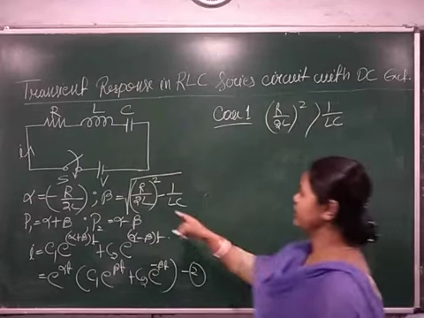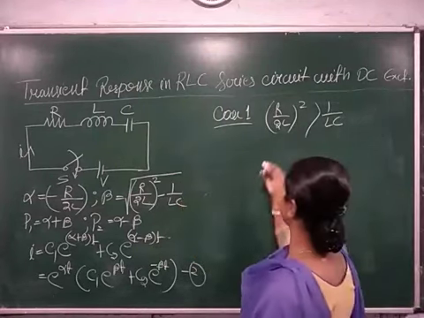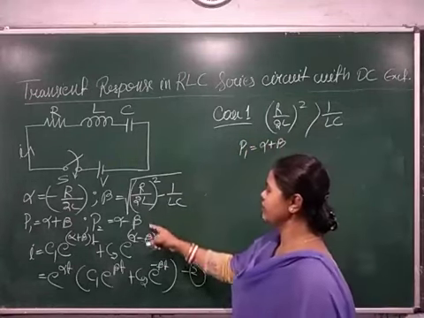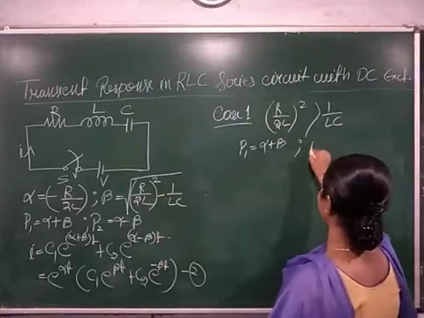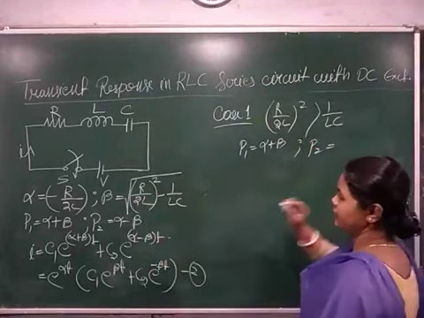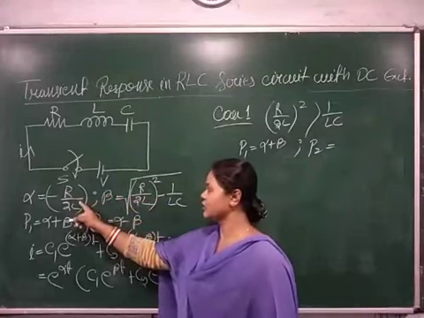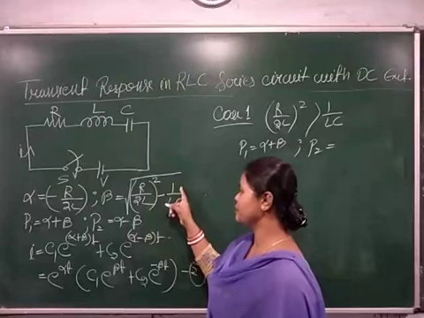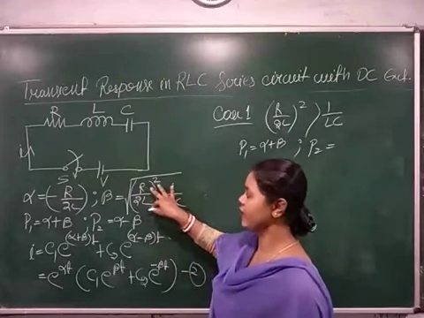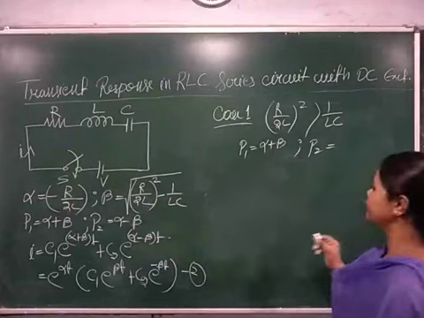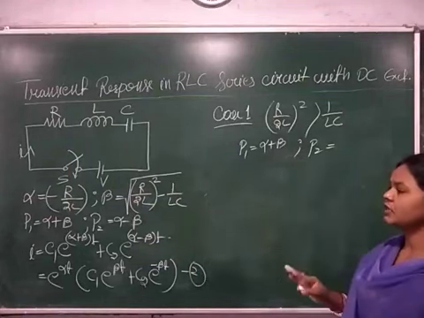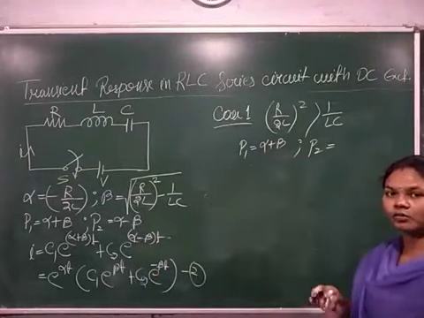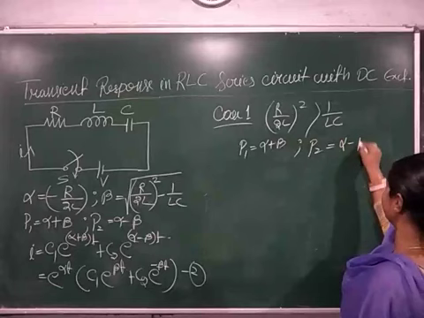If it is greater than 1 by LC, then the two roots are P1 equal to alpha plus beta, which I have already written, and P2 is equal to alpha minus beta. The alpha value is not changed, but when this part is greater than this part, obviously we get a real value of beta in this equation. So the two roots P1 and P2 for this second order homogeneous differential equation are alpha plus beta and alpha minus beta.